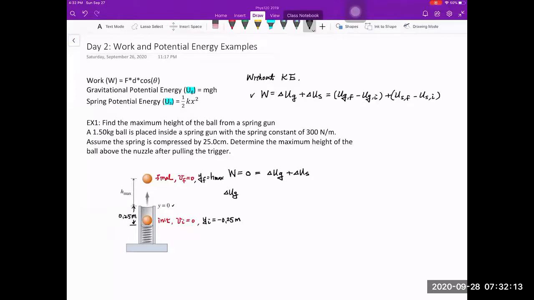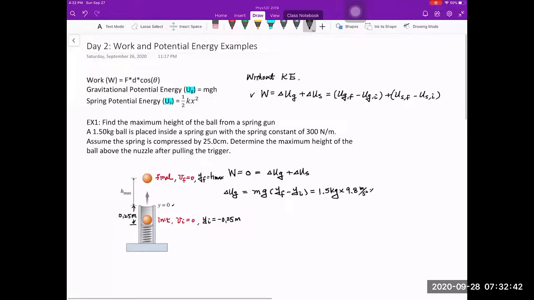So we write U sub G is equal to m times g times the final height minus initial height. And what is the m? That is 1.5 kilogram. And your g is 9.8 or 9.81 meter per second squared.